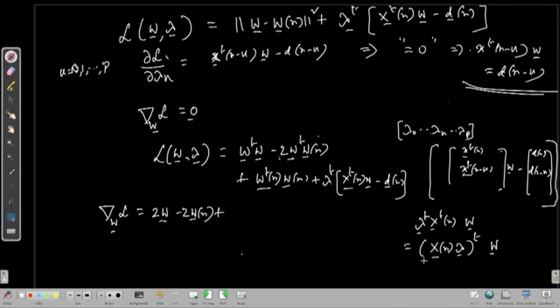Lambda may be a vector, but it is also a matrix, p plus 1 cross 1. So x n lambda transpose is lambda transpose x transpose n, times w.